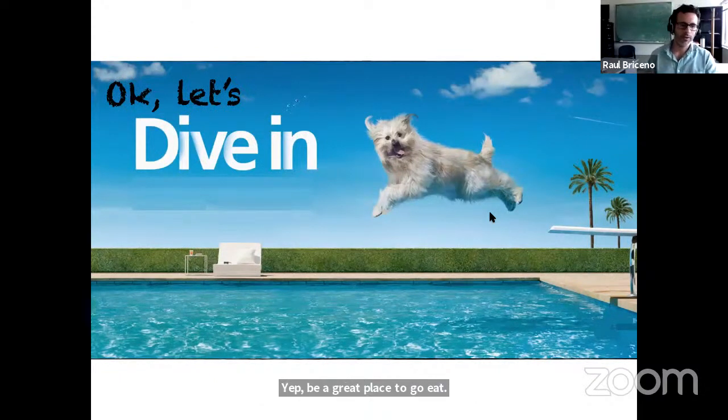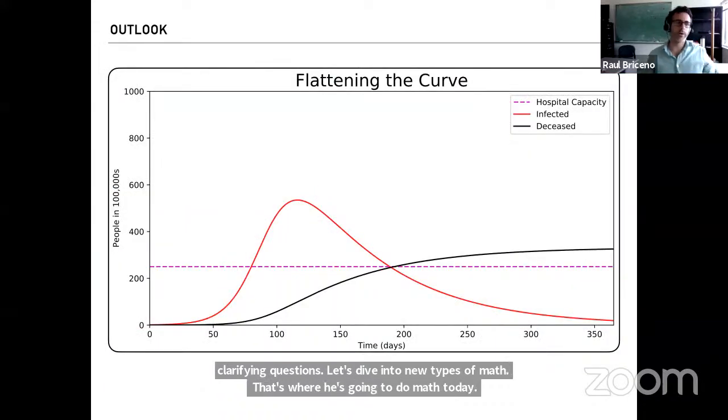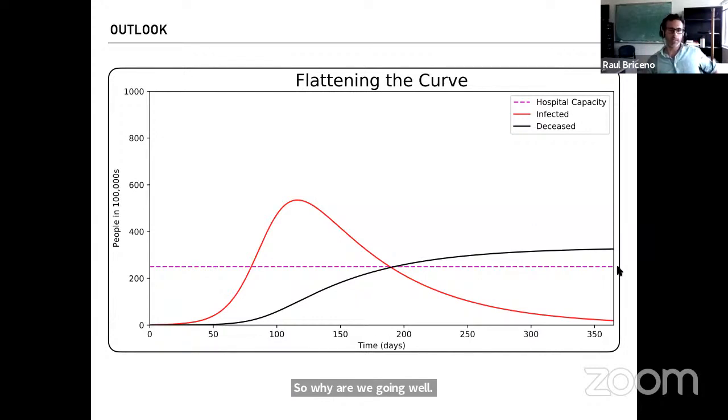Okay, so let's dive in. That was my review. Unless there are any other clarifying questions, let's dive into new types of math. We're just going to do math today. So where are we going? By the end of next week, we're going to start talking about differential equations, which serve as a model for thinking about infectious diseases and their evolution.